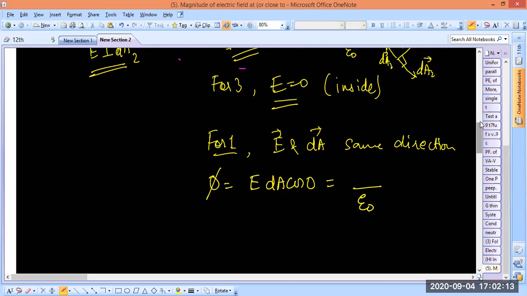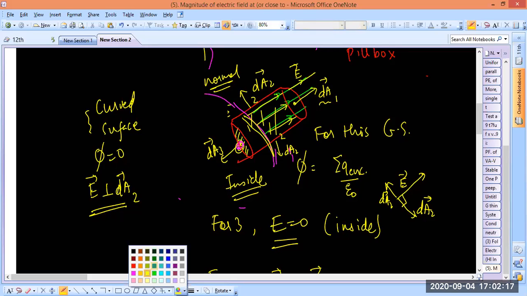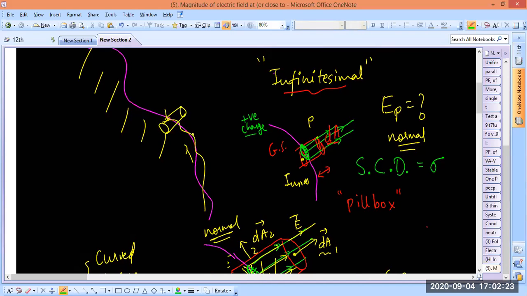For the charge enclosed, how much charge is enclosed? Well, only this part, right? Sorry for this ugly diagram. Have a look here, only this part is enclosed, whatever is the charge over here. That charge is on the surface.